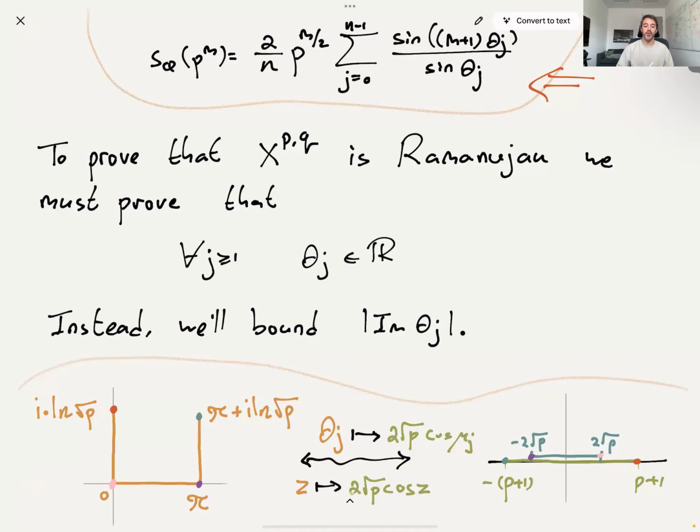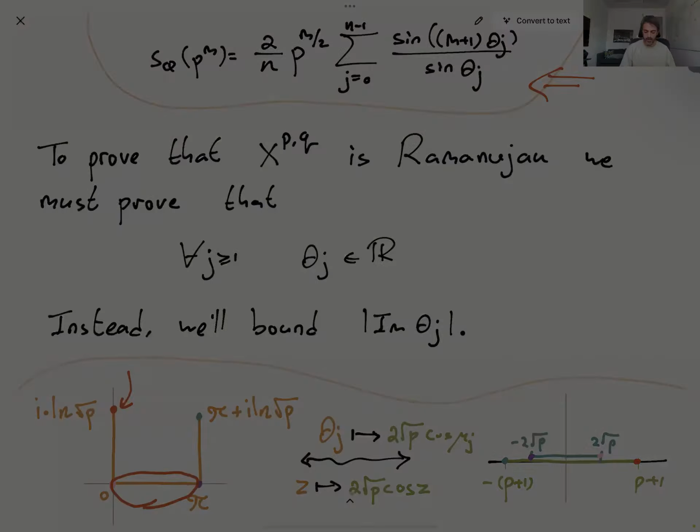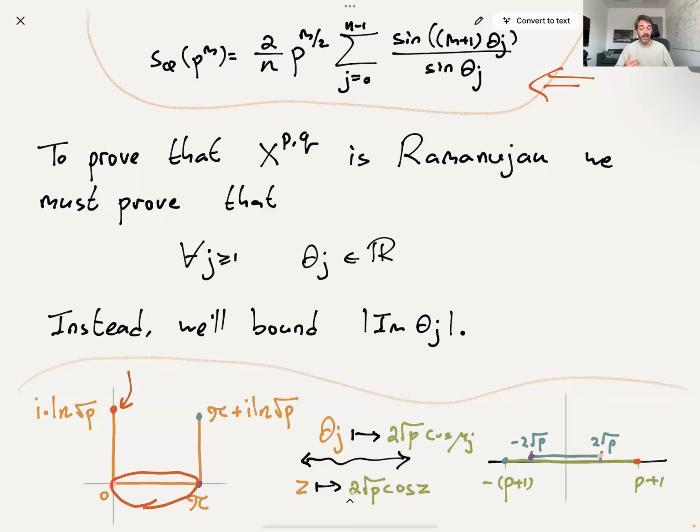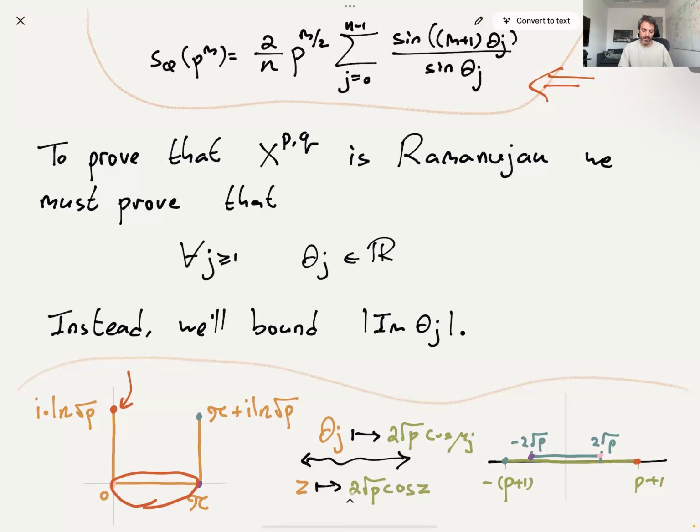And now the point is that in order to prove that the X^{p,q} graph is Ramanujan, we must prove that except for theta 0, which sits here, all of the remaining thetas sit here. Namely, they are real. Because these are precisely those that will have a bound of 2 square root of p.